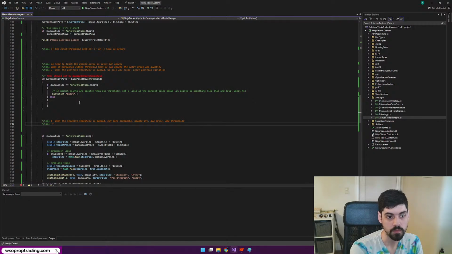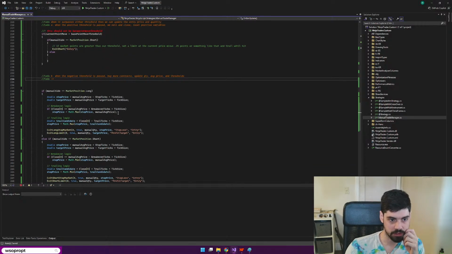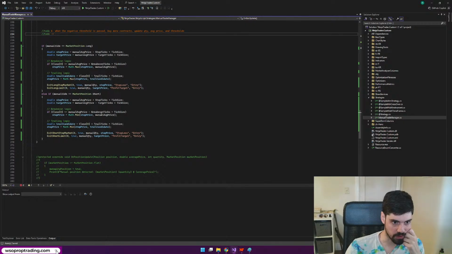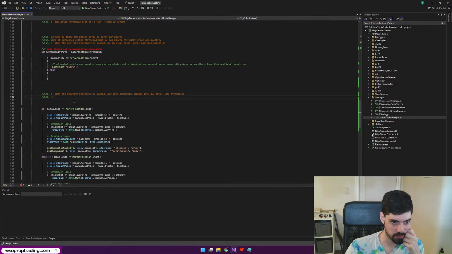So once that upper threshold is passed, we're basically in a loop that's going to close the trade. Otherwise, if the lower threshold's passed, we just buy more contracts, update the quantity, price, and threshold, and then let it do its thing. So it's literally just those two steps. Just those steps have a little bit more they have to do.